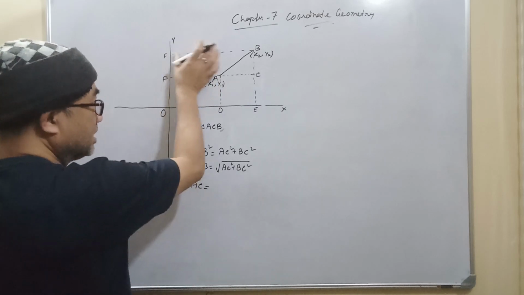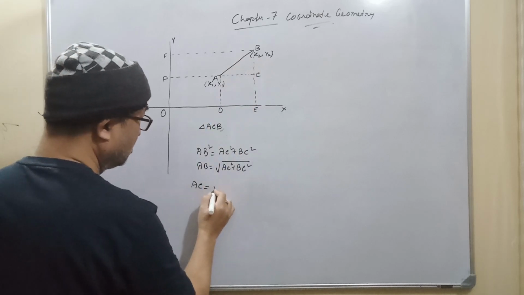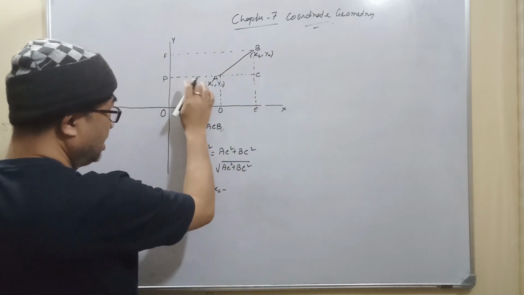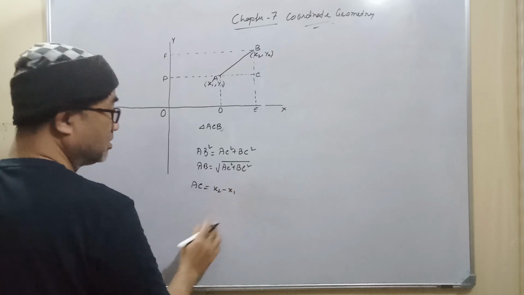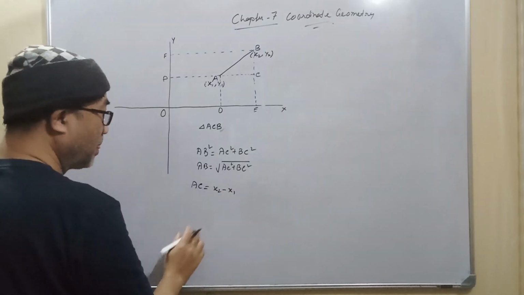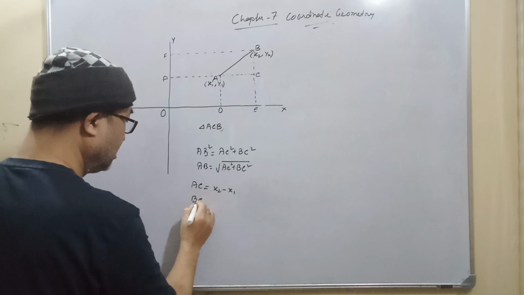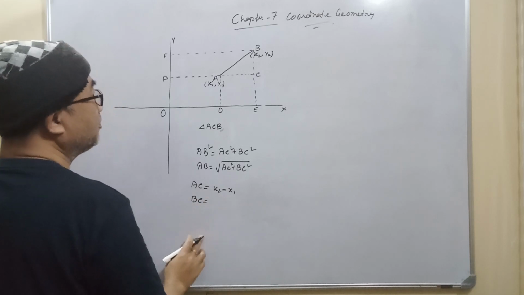And what is FB? It is x2. What is PA? It is x1. Then BC. What is BC?